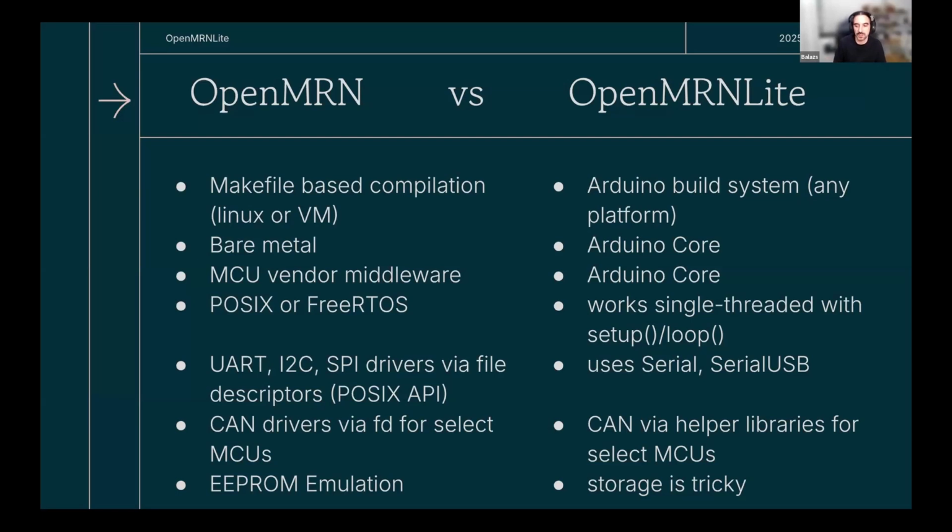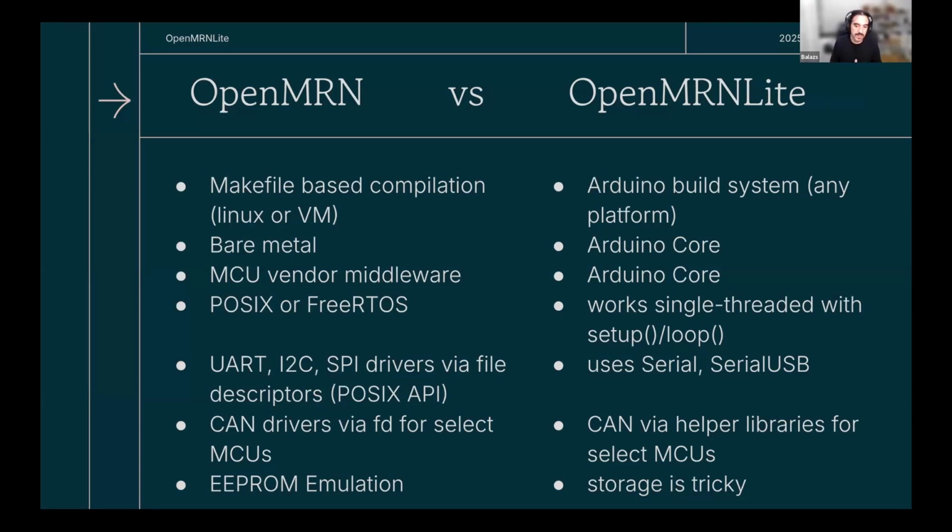There are a large number of different CAN libraries in Arduino. So for your particular MCU, you'd have to be responsible for finding the CAN library. For 3 or 4 microcontrollers, I have actually gone and found appropriate CAN libraries for the Arduino and made use of them. And those are basically the fully supported hardware for OpenMRNLite.